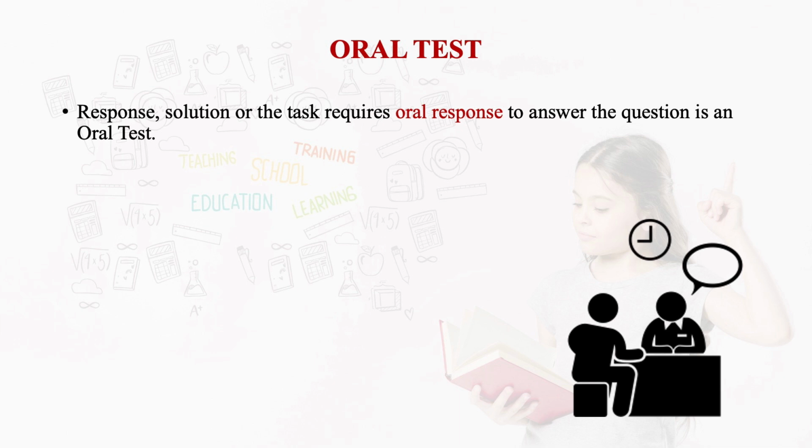Friends, when the response, solution or task requires an oral response to answer the question, it is an oral test. Many a time we are involved in interactions. We provide our oral response to the teacher to answer the question in an oral test, just like in an interview. If the board asks you certain questions, then you have to answer them.